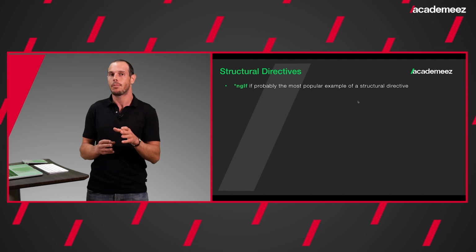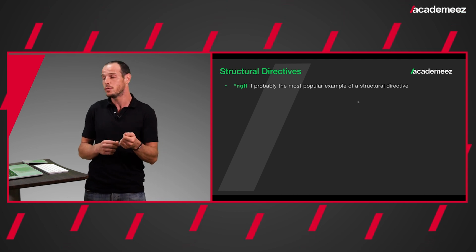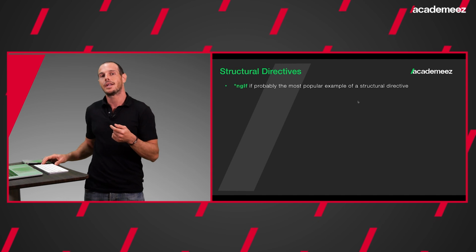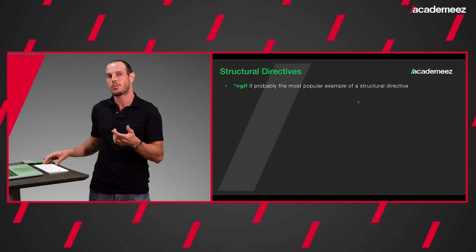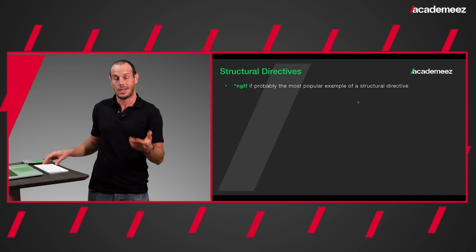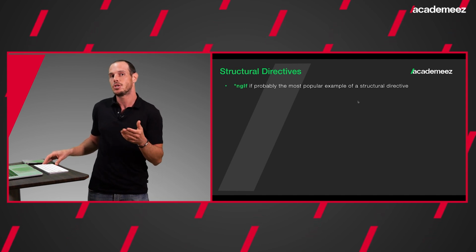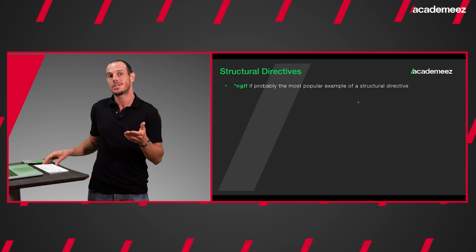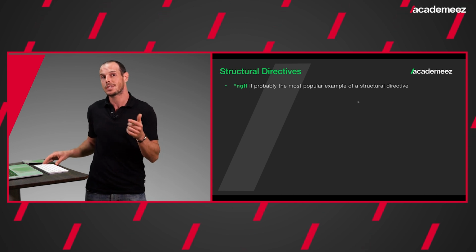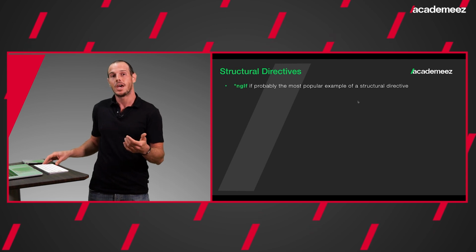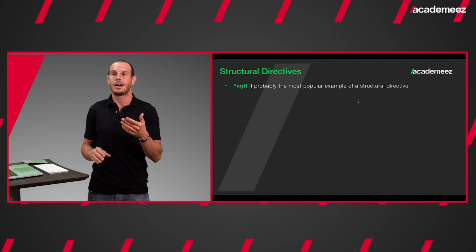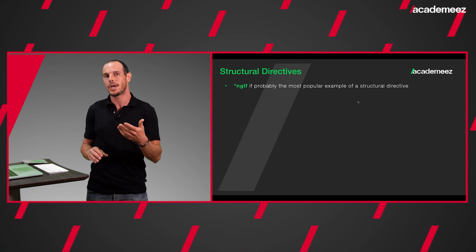So I want to give an example of a good use case where you should use structural directive. And structural directive, probably the most popular directive that any Angular developer is aware of and is using often, is the ngIf. Structural directives usually come with an asterisk sign and then the name of the attribute, for example ngIf, and it's usually a sign that it can manipulate the DOM.